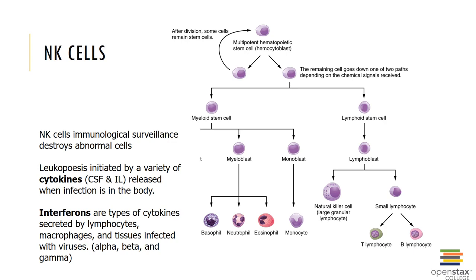Alpha is produced by virus-infected cells to attract NK cells and enhance resistance to viral infection. Beta interferons, secreted by fibroblasts, will slow inflammation in a damaged area, and gamma interferons are secreted by T cells and NK cells to stimulate macrophage activity.